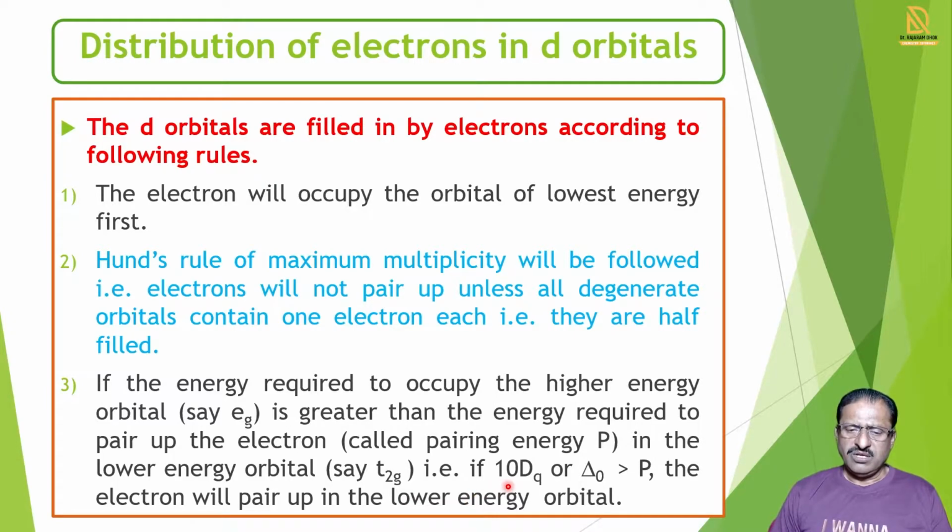For example, if 10 Dq or delta O energy is greater than P, where P means the pairing energy, then the electrons will pair and are filled in the lower energy orbitals. That is important.